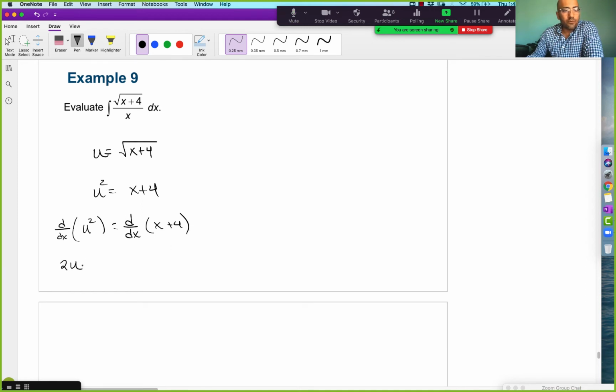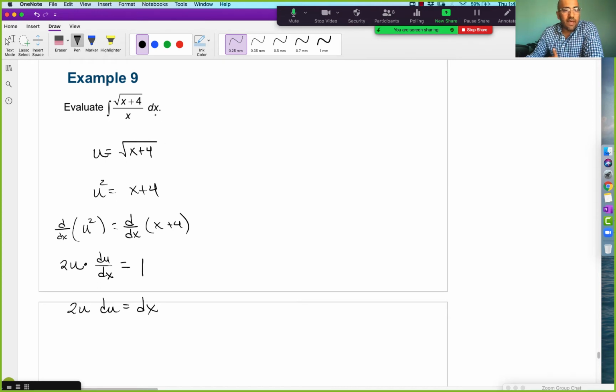This will be 2u times du dx. If you remember, this is implicit differentiation because this is asking us to take the derivative of this function with respect to x, but this is not an x, it's a u, so we assume it is a function of x. We apply our chain rule: the derivative of the outside function times the derivative of the u function with respect to x. Here, this is just going to be 1. That makes that easy. So we end up with 2u du equals dx.